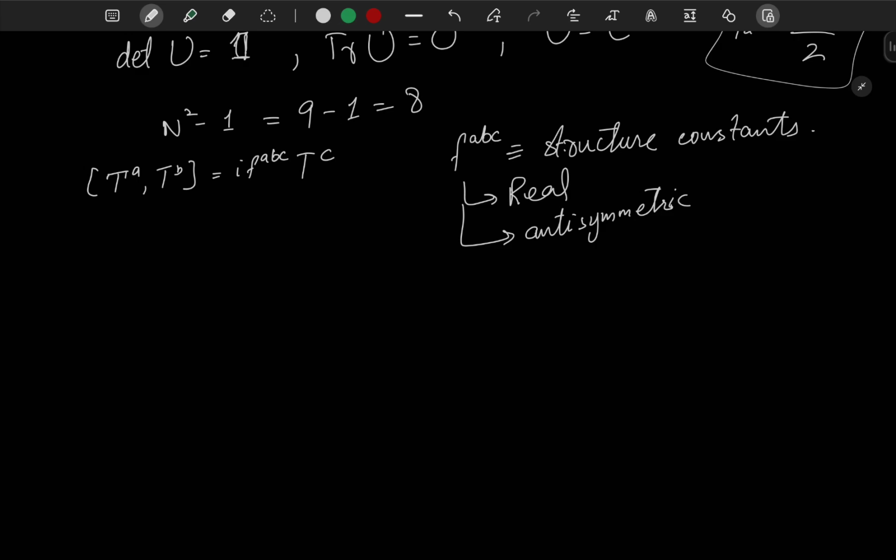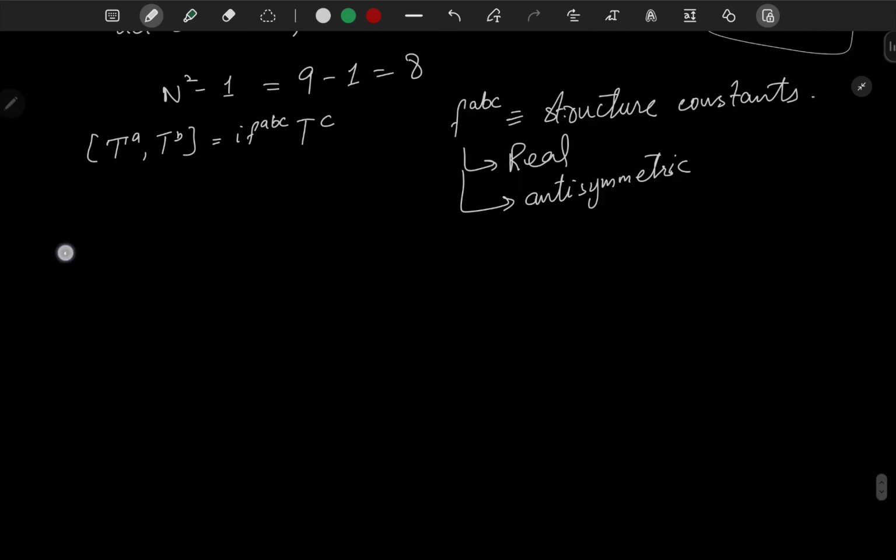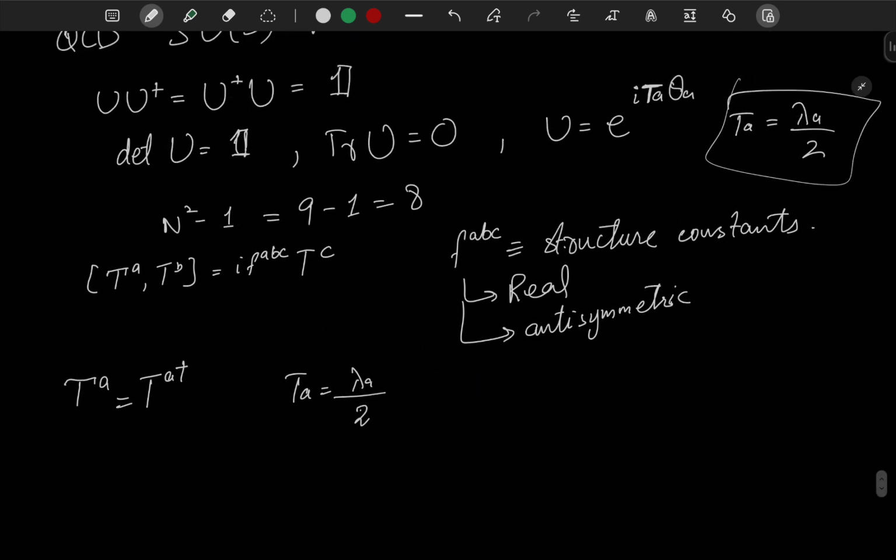So more about these generators is that they are Hermitian. So T_a is equal to T_a dagger, and T_a is equal to lambda_a over 2, and as I said, since we are in SU(3) symmetry, a runs from 1 to 8.